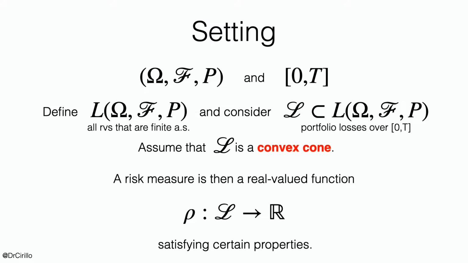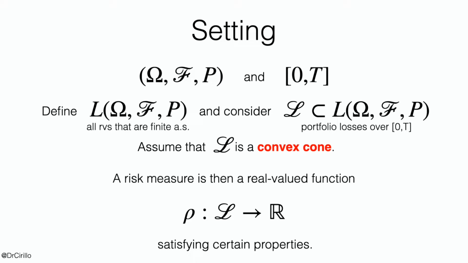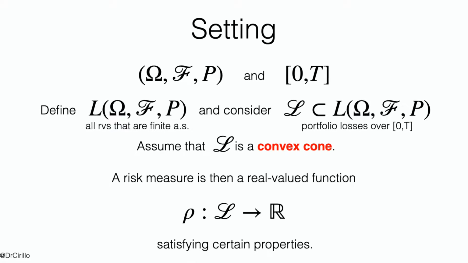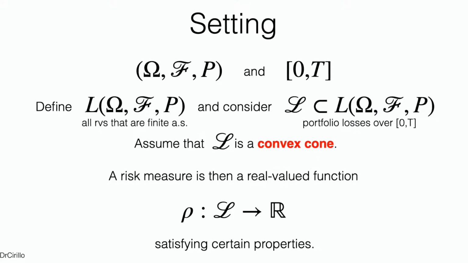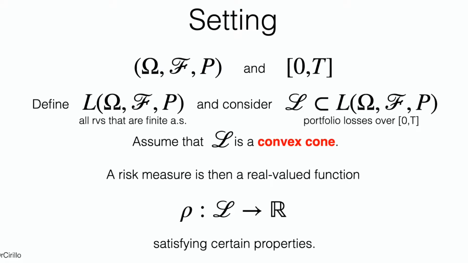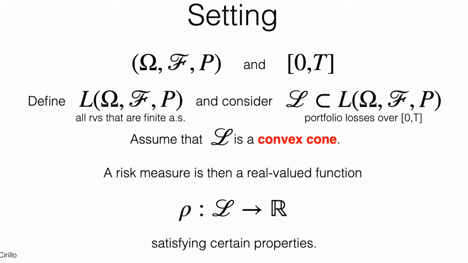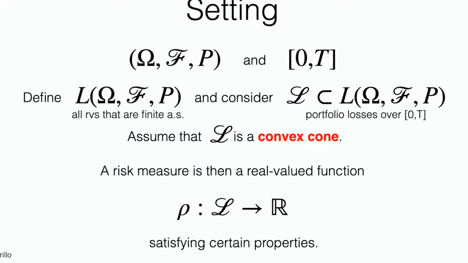If we can add cash to a risky position, actually we will decrease risk, as we shall see in a minute when we consider the property of cash invariance. From a mathematical point of view, we assume that the set L, that I repeat is the set of all the portfolio losses that we can experience over the time interval 0 capital T, is a convex cone.